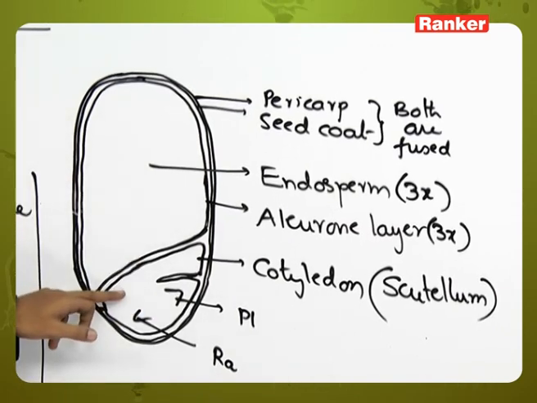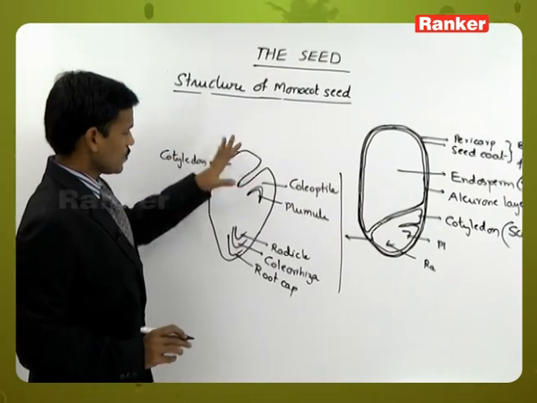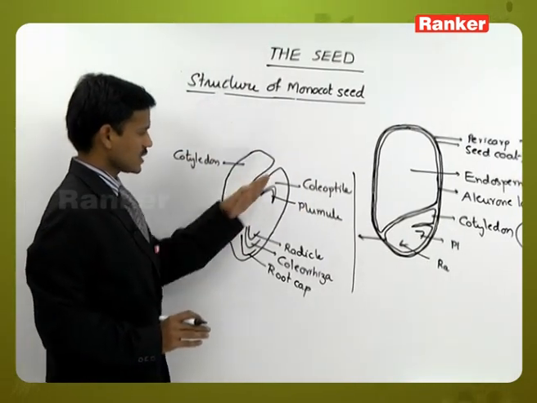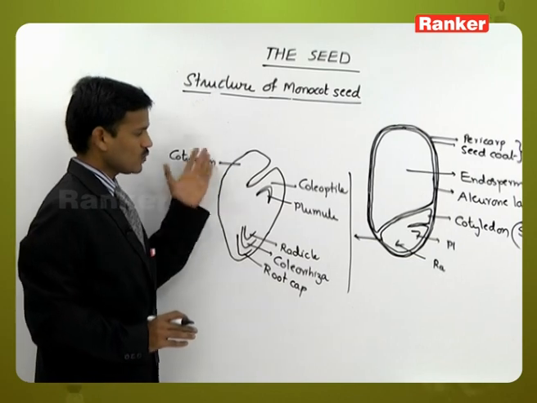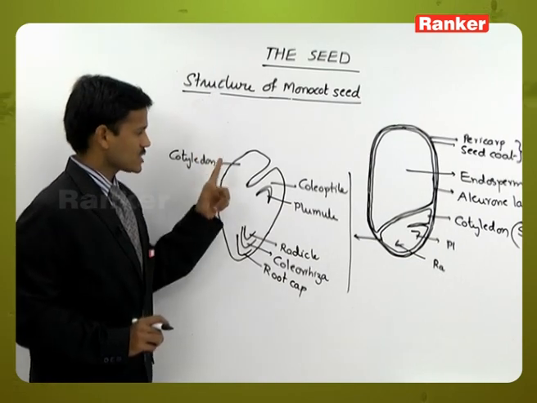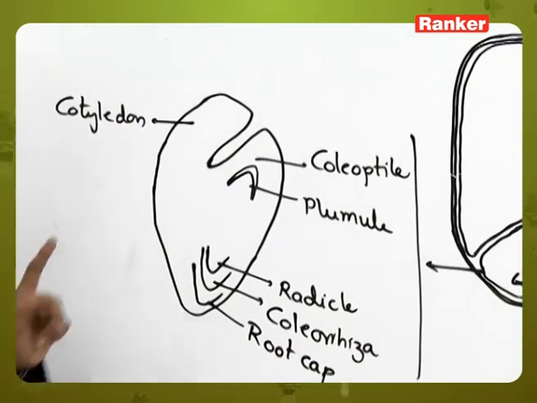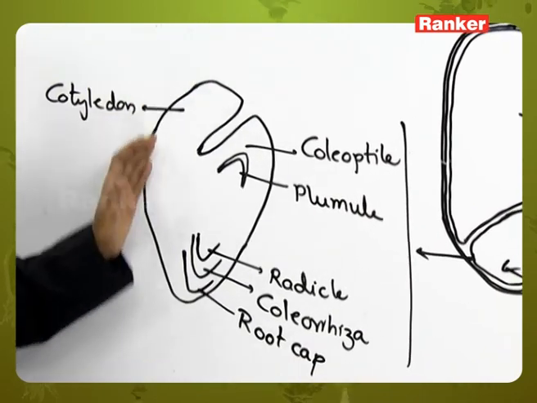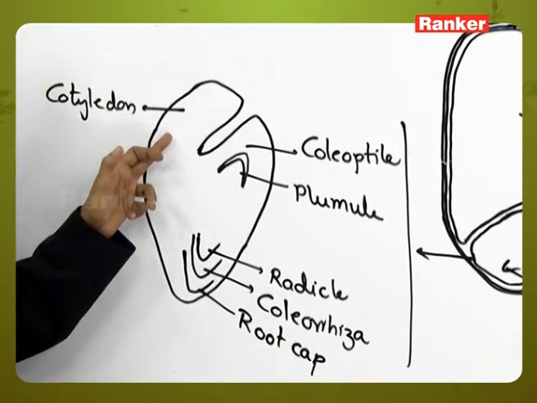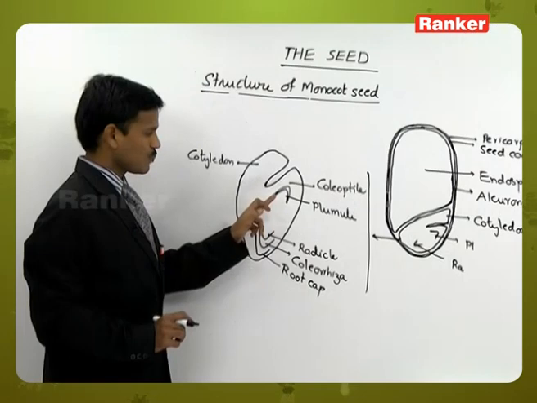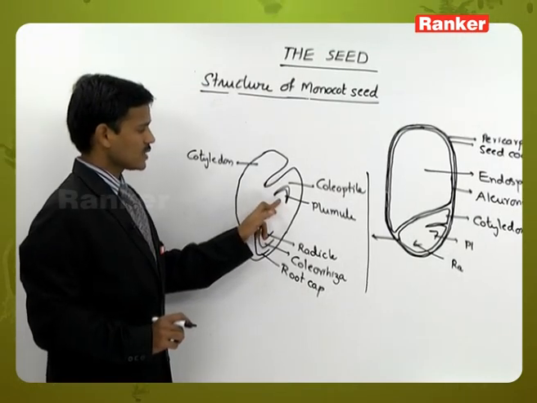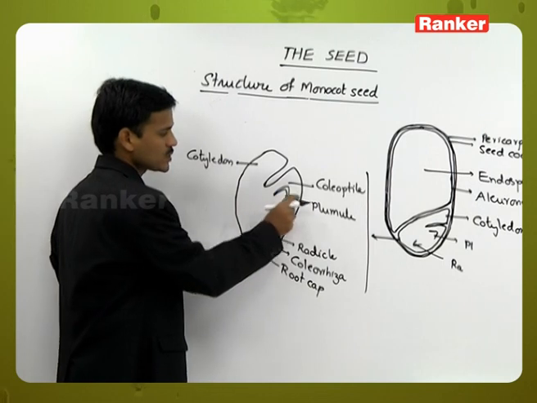In the embryo, mainly two parts: the embryonal axis and only one cotyledon. This cotyledon is called the scutellum, one large shield-shaped cotyledon. And it is the plumule. The plumule is covered by a sheath and develops into the shoot system.